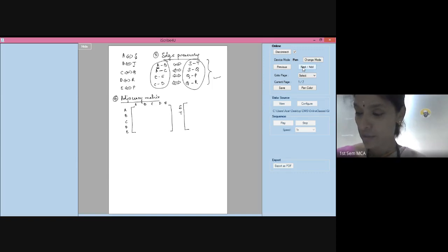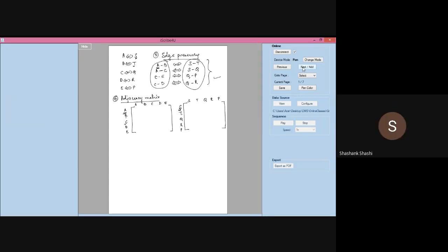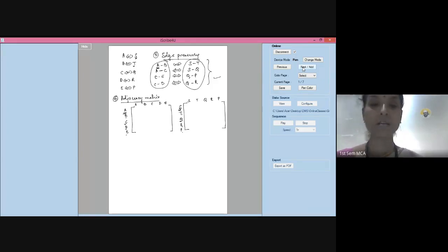Yes, T, Q, R, P. Don't take it in the PQRST manner. You will go wrong. So what is equivalent to A? Equivalent to A is S. So I have taken S. Equivalent to B is T. Equivalent to C is Q. Equivalent to D is R. E, P. That's how you should take it.